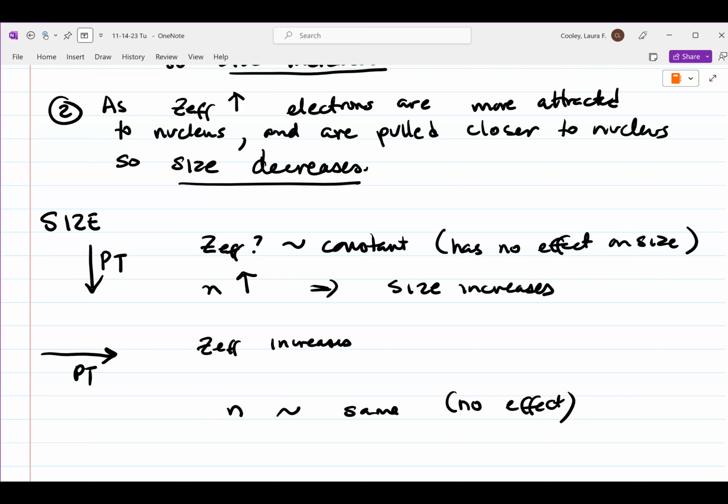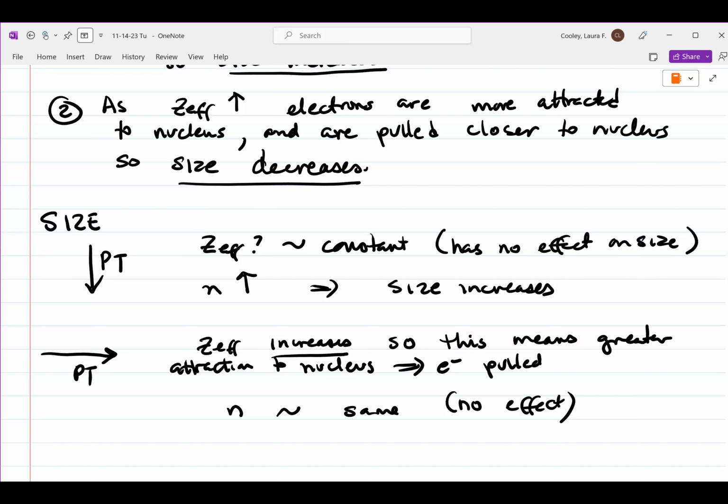So N has no effect on the size, but Z effective increases. So this means greater nuclear attraction, which means that the electrons are pulled closer, which means that the size decreases.